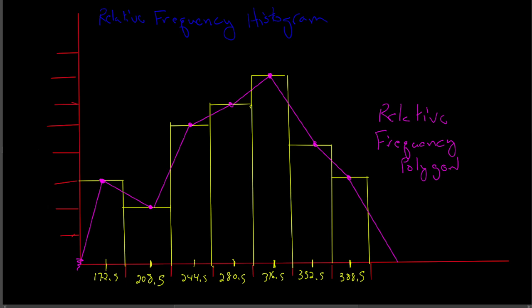So 1 divided by 30, this was my 0.03, and let me get my relative. This was my 0.07.